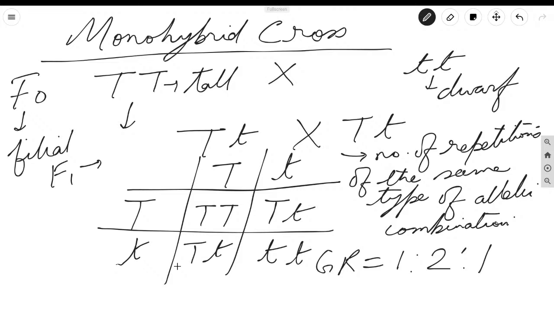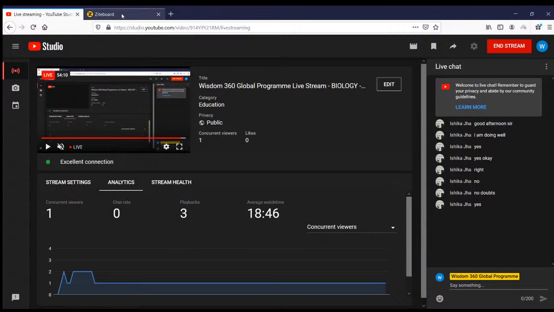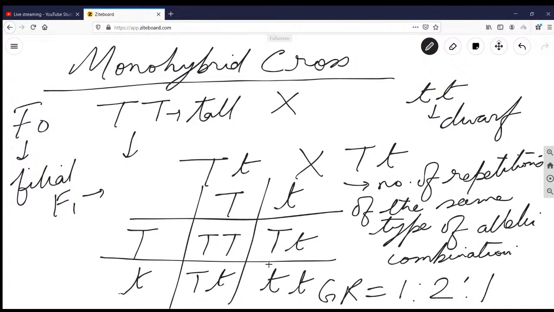What you do is you just count the allelic combination repetitions. That's all, in case you want to find out the genotypic ratio. Now when it comes to finding out the phenotypic ratio, you will look at the physical trait. For finding out genotypic ratio, I didn't ask you to see whether the plant is tall or dwarf.